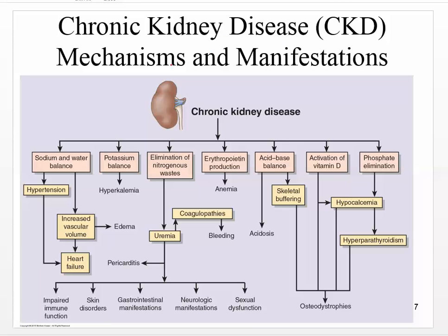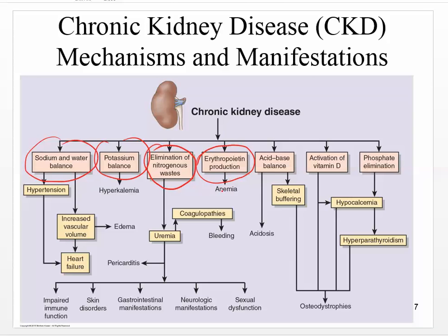Chronic kidney disease mechanisms, manifestations. All you have to do is think about all of the things that the kidney is doing. Sodium and water balance, potassium balance, eliminating nitrogenous waste. Remember those broken down proteins and amino acids. Erythropoietin, remember that? We talked about that when we were talking about erythrocytes, red blood cells. Well, that's controlled by the kidney. So the kidney is releasing erythropoietin.